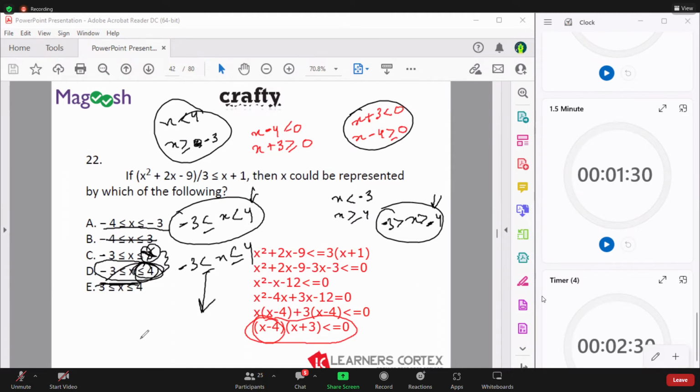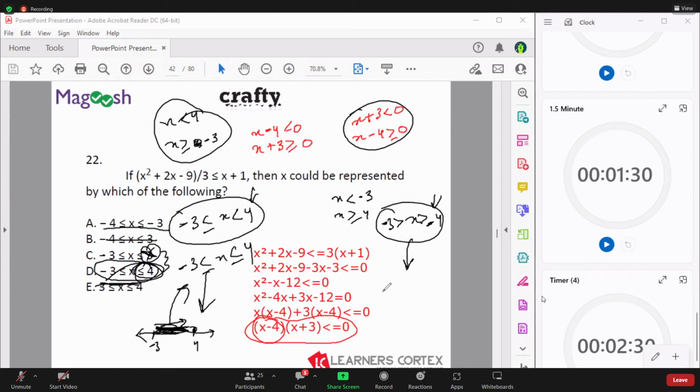If you want to plot this in an equation, let's say this is minus 3 and this is 4. Since x is greater than or equal to minus 3, all the values from here, and since x is less than or equal to 4, up till here, all the values here would be possible for x.